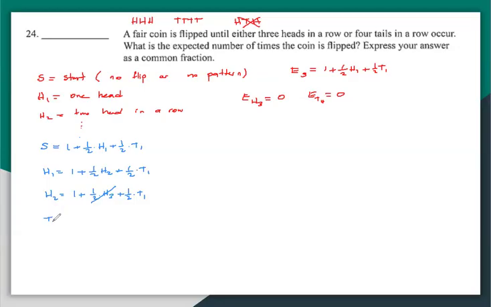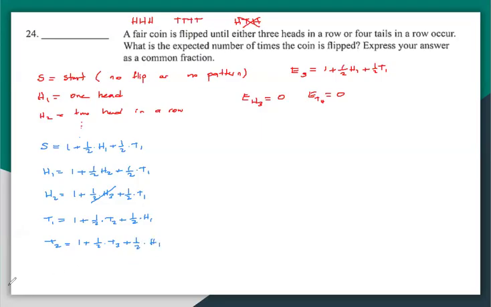And then T1 is equal to 1 plus 1/2 times T2 plus 1/2 times H1. Because after the T, like 1T achieved, the next one could be T again, or you could get an H, so that is possible. The next one is T2, so that should be 1 plus 1/2 times T3 plus 1/2 times H1.